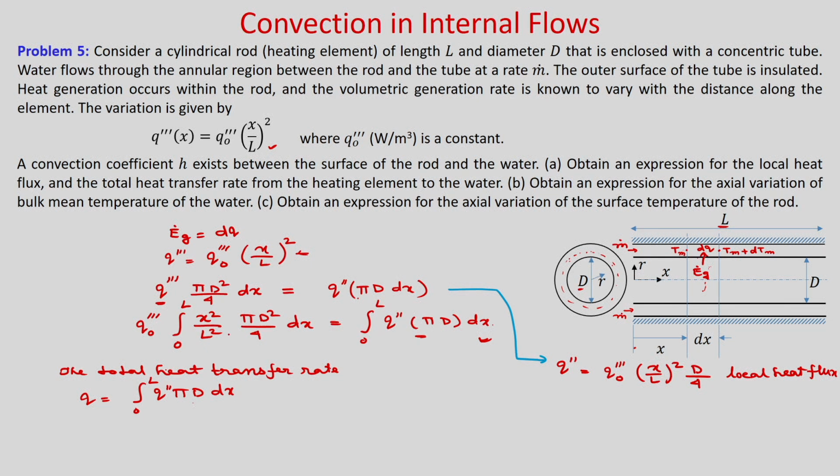So, if you put the left hand side, you will get q triple prime integral 0 to L x square by L square pi d square by 4 into dx.